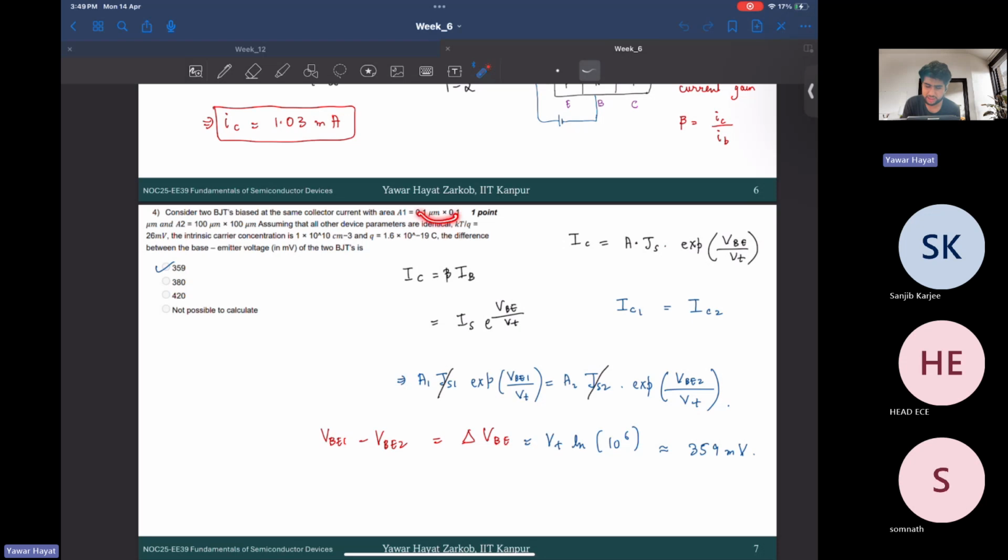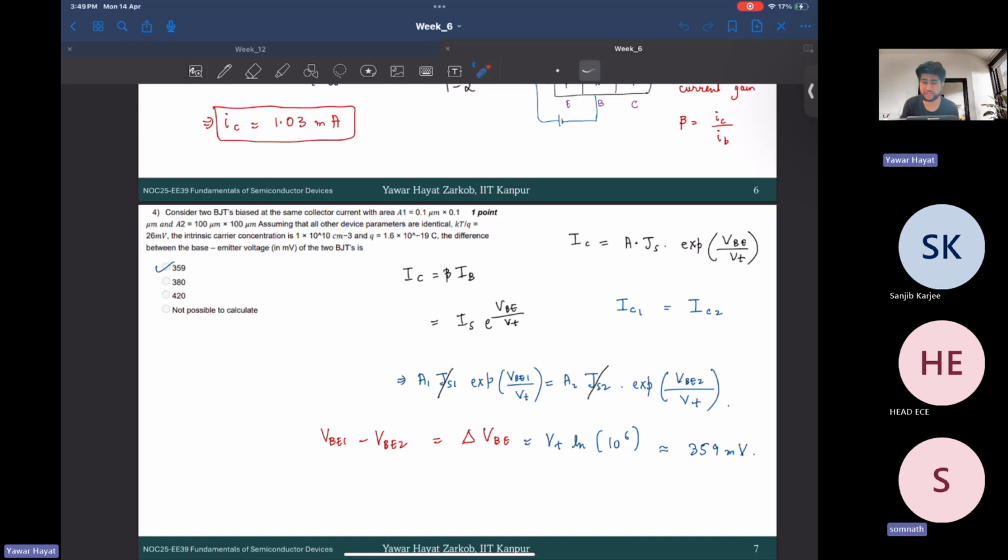A1 is obtained by multiplying the two sides in micrometer square, and similarly A2. If you put in the calculations, you'll arrive at the difference between the base-emitter voltages.